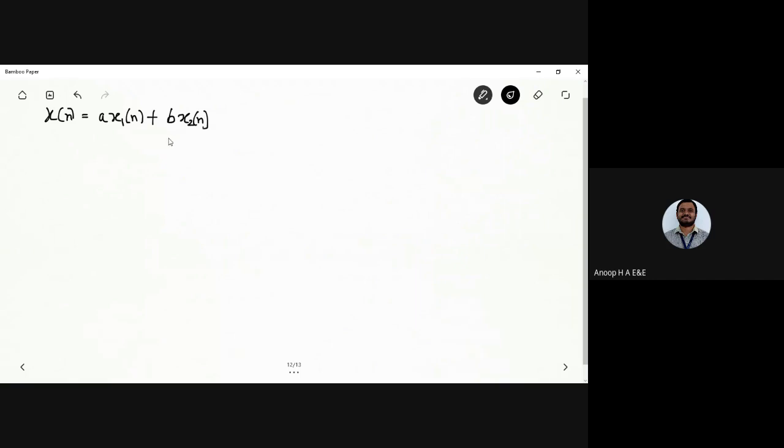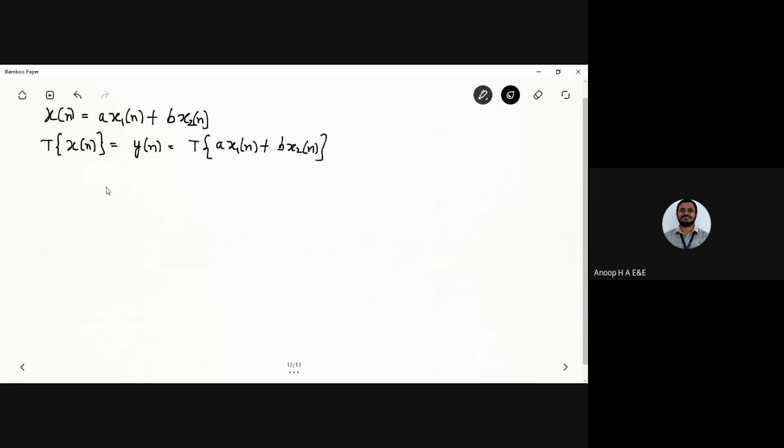Getting it right? So I have two inputs. Let me apply the T operator on both sides. T of x of n would be equal to y of n, which is T operator on a x1 of n plus b into x2 of n.